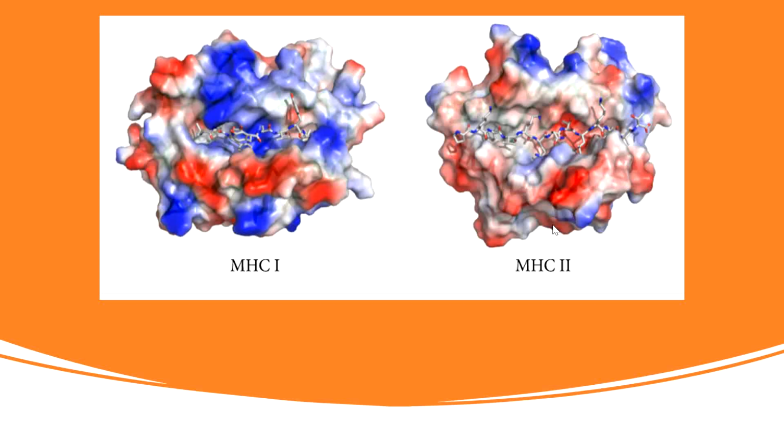Now, these MHC class 2 molecule binding pockets are also shallower and less demanding than those of class 1 MHC molecules. As a consequence, peptide binding prediction for MHC class 2 molecules is less accurate than for MHC class 1 molecules.